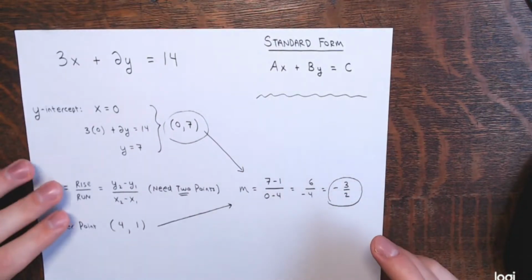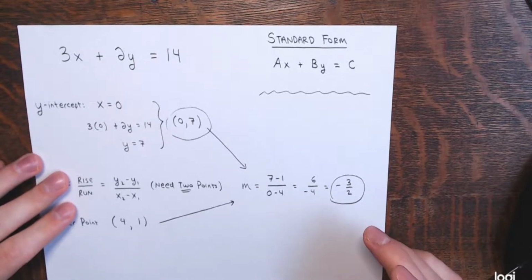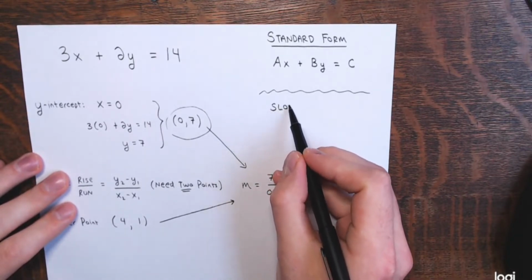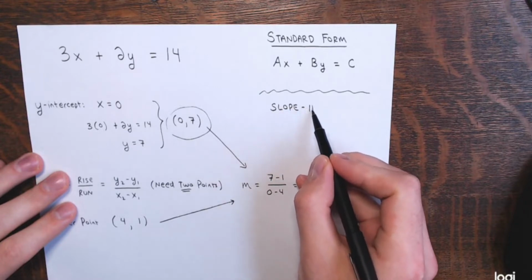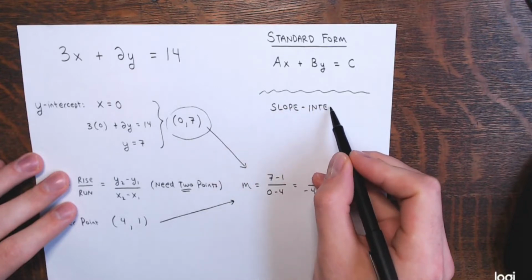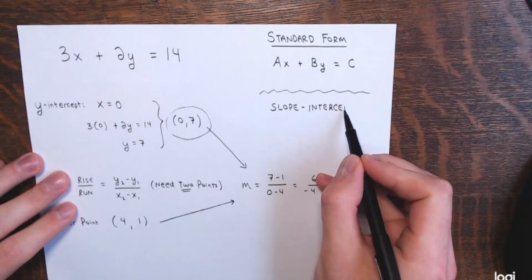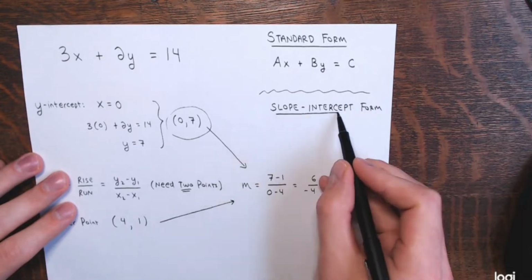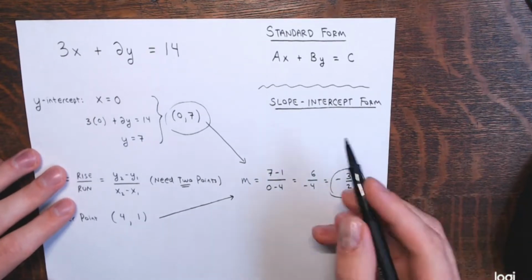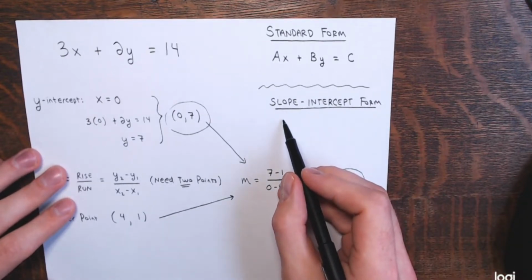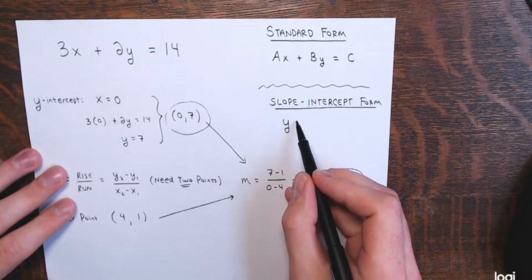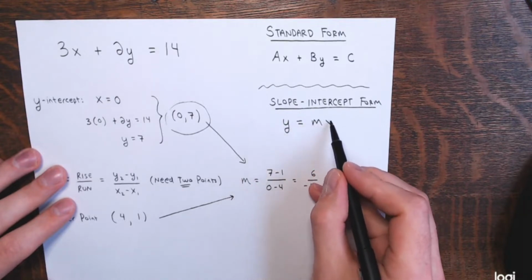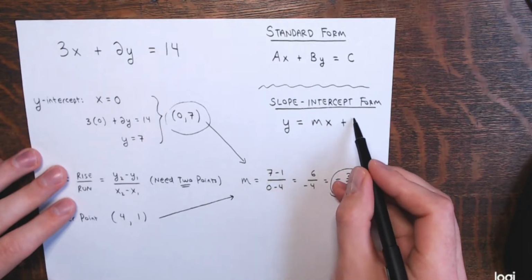The short way is to put the equation in what's called slope-intercept form. The title of this assignment, the title of this section. And slope-intercept form looks like this. Y equals m times x plus b.